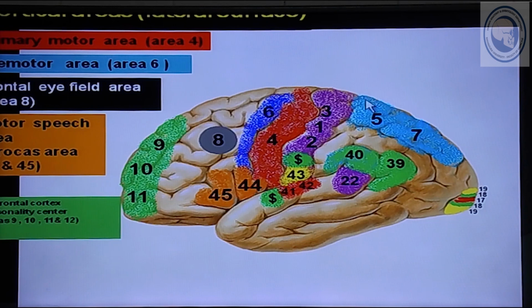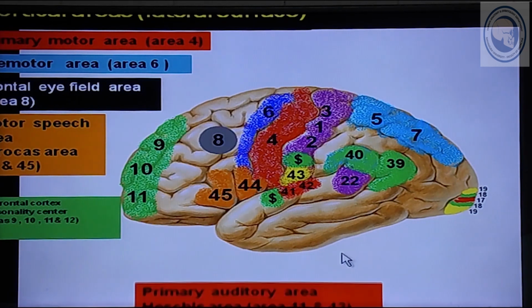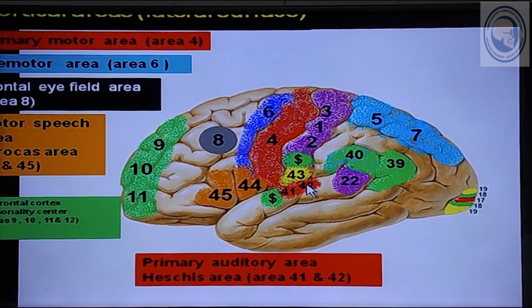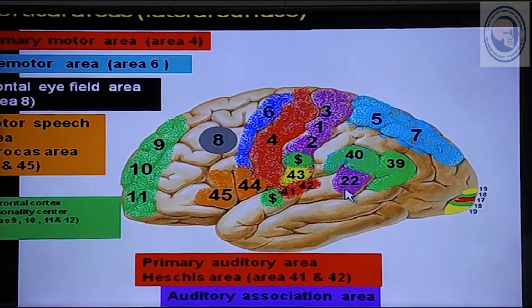About sensory areas in the other lobes, we will start with the temporal lobe, and we will find in the floor or the superior surface of the superior temporal gyrus the primary auditory area, areas 41 and 42. Behind it, in the posterior part of the superior temporal gyrus, we will find the auditory association area. It is called Wernicke's area or area 22.